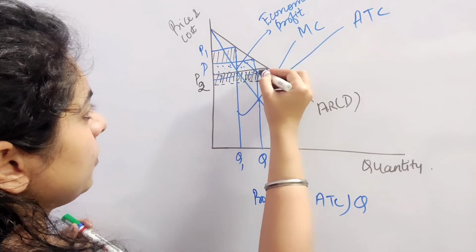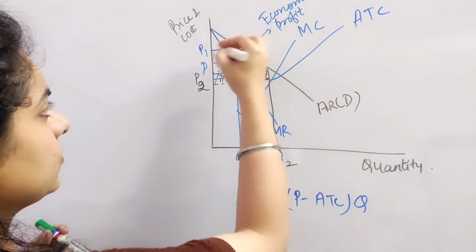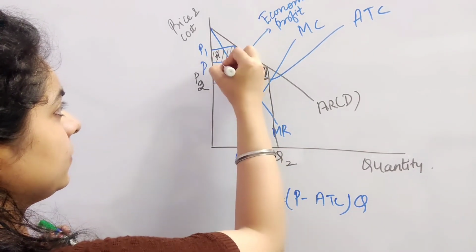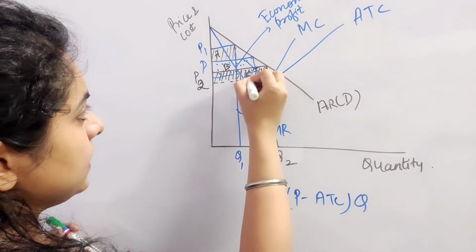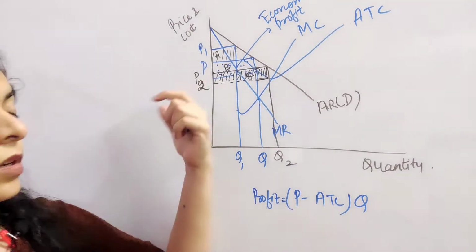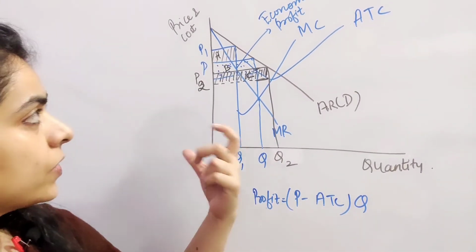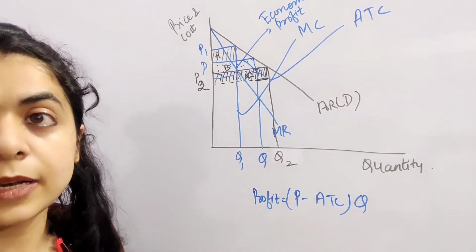So the overall profit of the monopolist will increase. It will include this portion A, this portion B, and this whole portion C. So the overall economic profit of this monopolist will increase if he starts practicing second degree price discrimination.